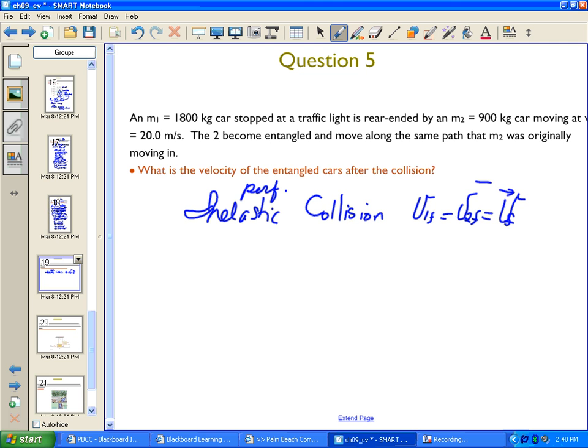They move along the same direction, they are entangled, and so the masses following the collision are the combined masses m1 plus m2.